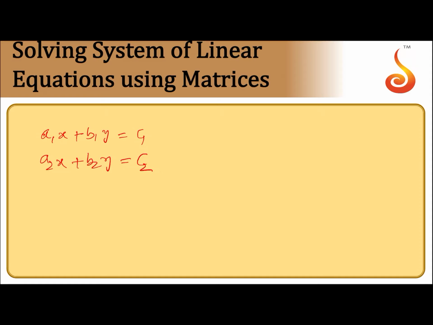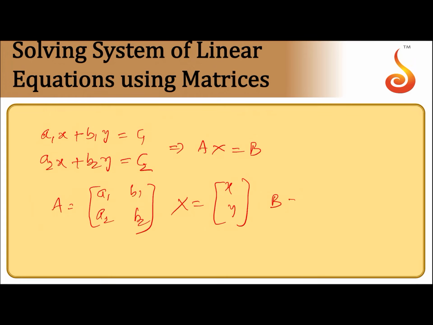In matrix form, this can be written as Ax equals B, where A is the matrix a1, b1, a2, b2, the X matrix is x, y, and the constant matrix is c1, c2.